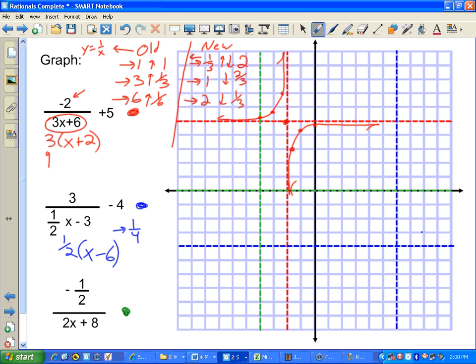If I used to go over a fourth, I would go up the reciprocal of that, which is 4. My new one, I'm going to multiply that by 2, so my new over movement is going to be 1/2. And my up movement is going to be multiplied by 3. So instead of 4, I'll be going up 12.